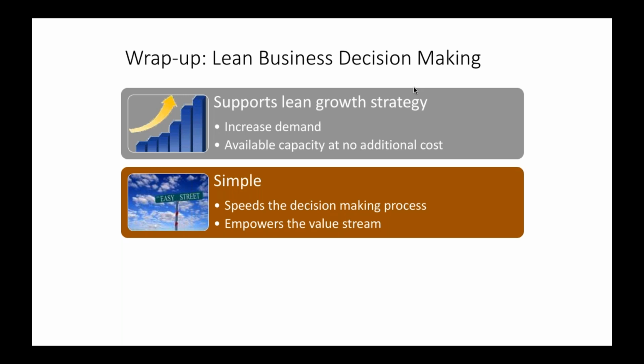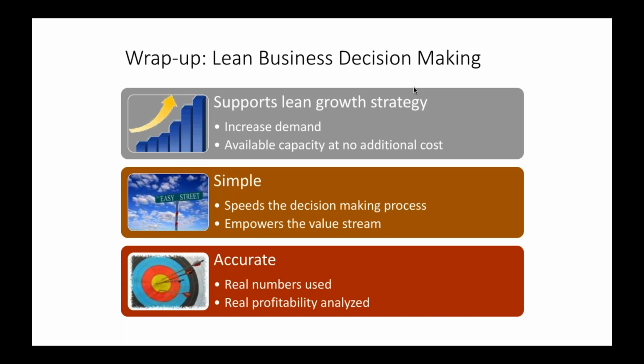Obviously, a value stream would not make a strategic decision for the company, but they're using their box score and they participate. And many times, what you find with the employment of the box score is senior leaders spend more time talking to value stream managers because they realize that the value stream managers really understand at a very detailed level what's going on in the value stream, and if we make this strategic decision, what's going to be the impact.